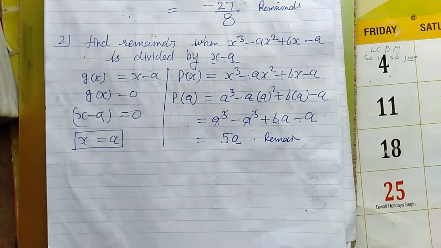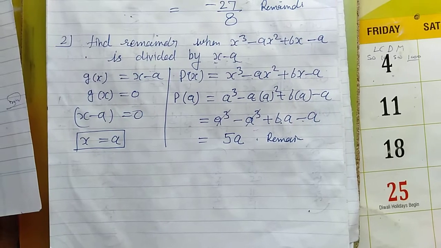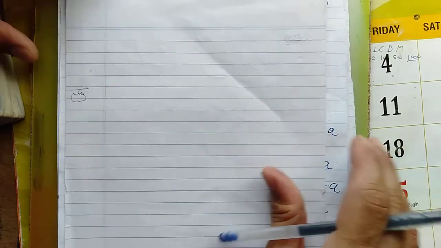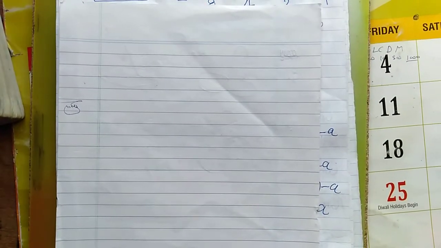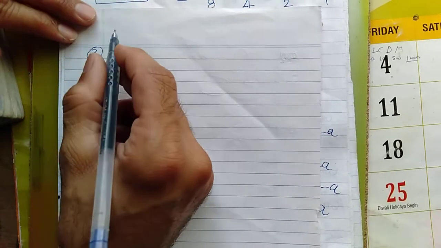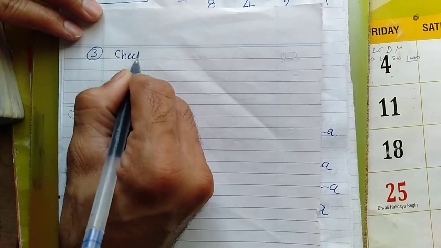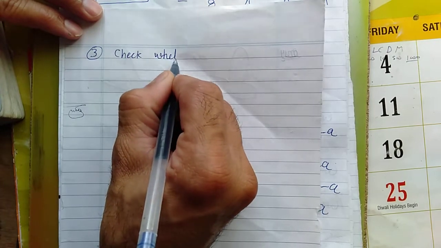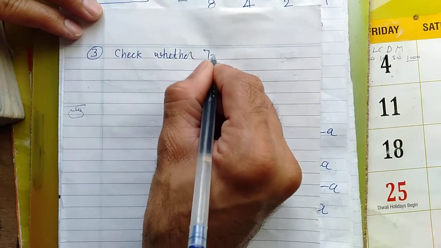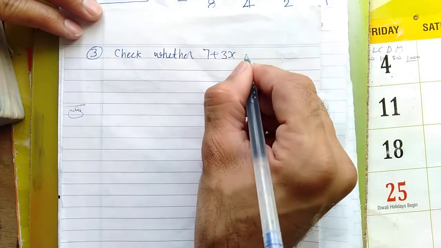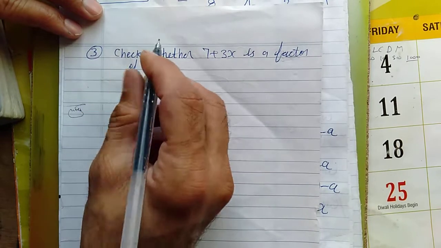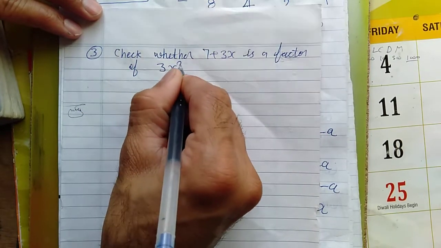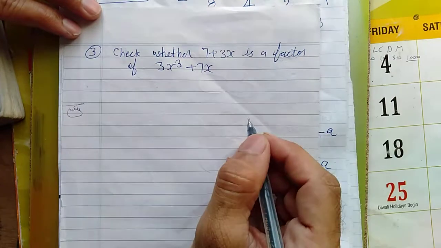Now the last question, I'm going to solve this. The last question is check, and I'm just doing it on this page, watch it carefully. This is question number 3 of the same exercise, and the question is: check whether 7 plus 3x is a factor of 3x cube plus 7x.